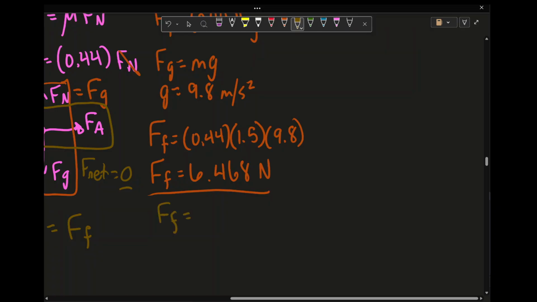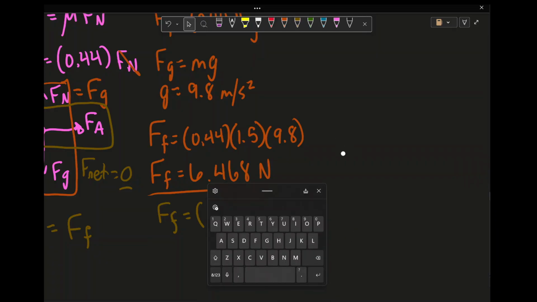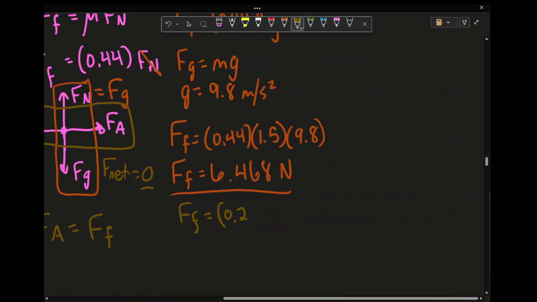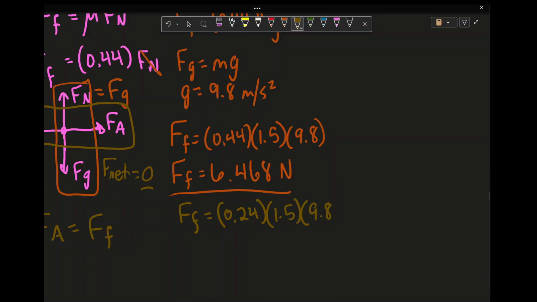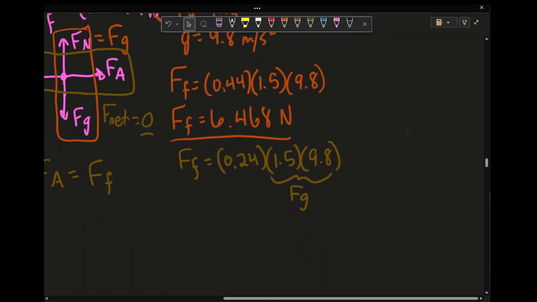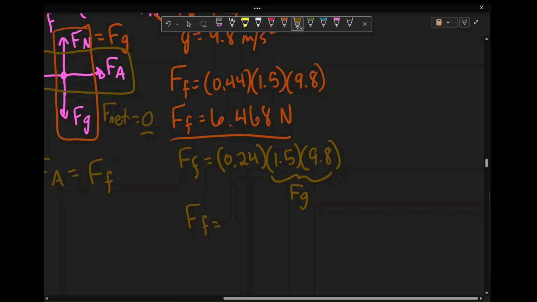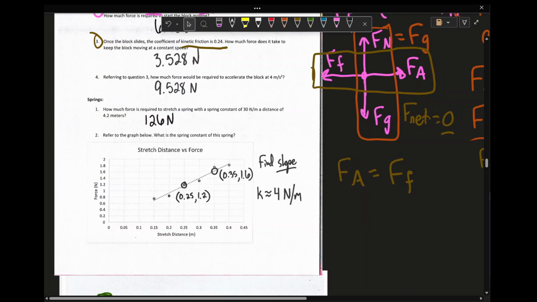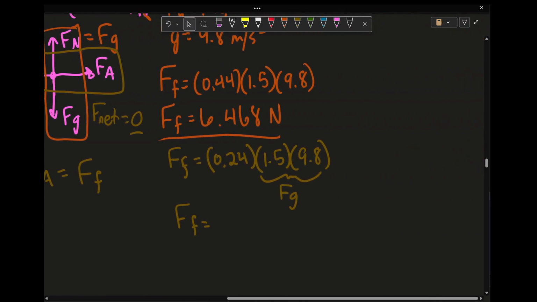The force of friction is still going to be the coefficient, but the coefficient of kinetic friction is now 0.24. The mass is 1.5, and gravity is still 9.8. We're still calculating with Fg. If we do that, that gives us 3.528.